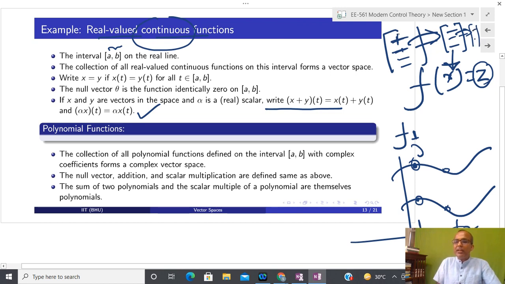So basically whenever I have some kind of function space where each entry is in the form of functions, then at each time point I have some kind of space. I can assume that as a column space, and after that I can operate on each entry individually like real numbers.